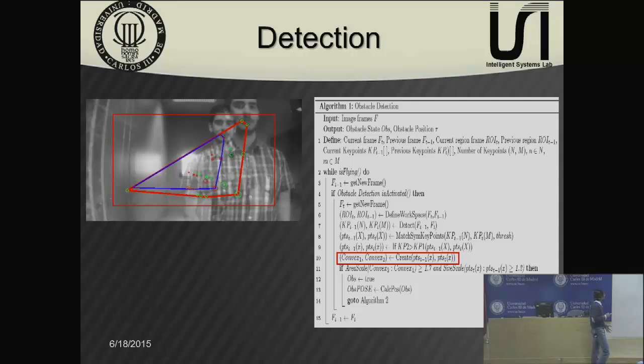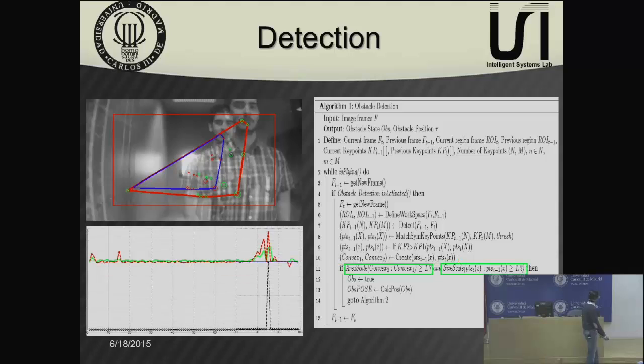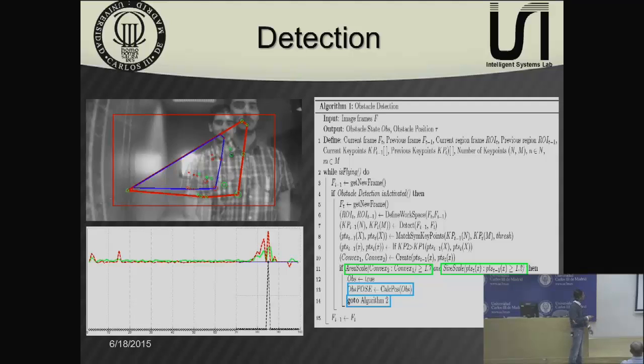Then we draw a convex area around the key points and compare our key points and our estimated area from the two images. We select an obstacle if the ratio of the area of the second image to the first image is more than 1.7, and if the key point expansion ratio is more than 1.2. So we have an obstacle.